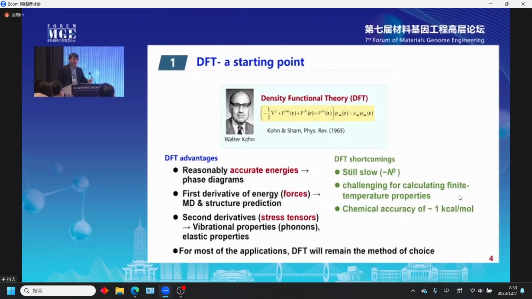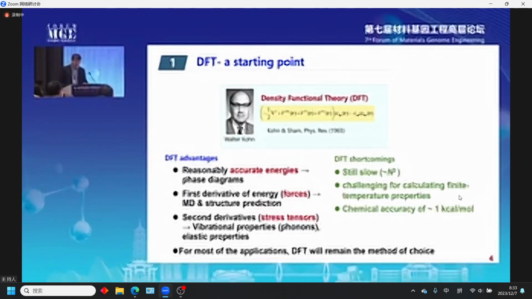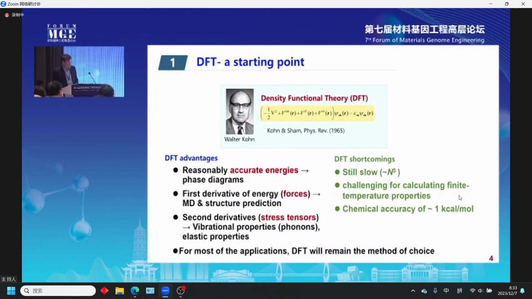Well, as a starting point, it's well known that DFT calculation shows many advantages, such as it can obtain reasonably accurate energy, forces, and stress tensors.